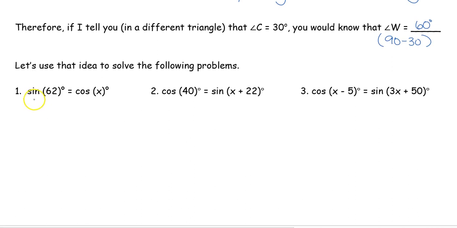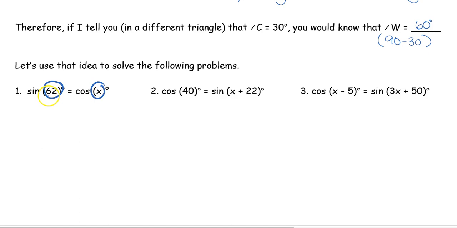The sine of one acute angle is going to be equal to the cosine of the other. So I have to switch angles and switch trig functions. When I switch angles and I switch trig functions, those ratios are equal. We also just talked about how the two acute angles in a right triangle have to be complementary.